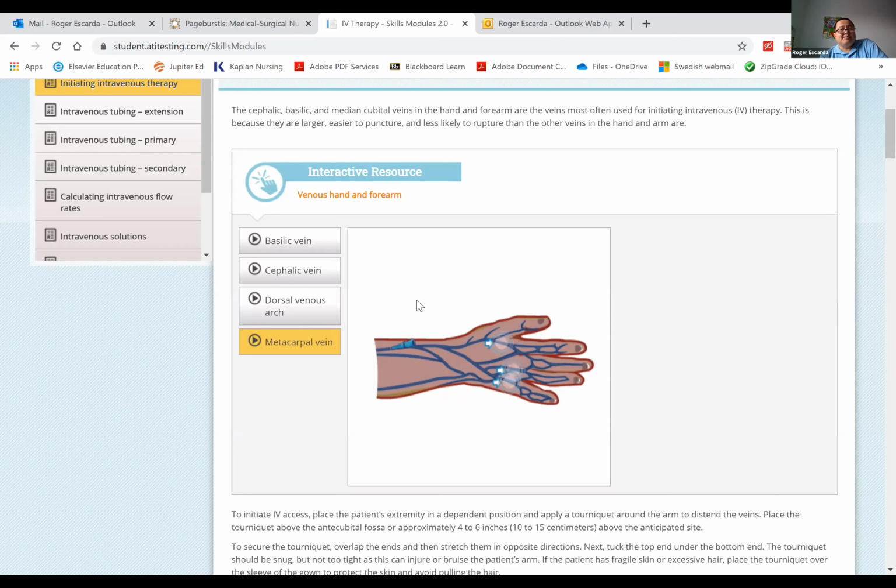The EMTs, paramedics, and ER nurses insist that it's acceptable practice. For them, maybe because it's an emergency, it's the easiest spot where you can start an IV, but not for indwelling, not for long-term use, because they don't last long. The patient has to move their arm, they bend it, and it infiltrates all the time.